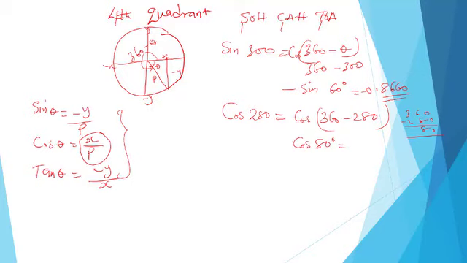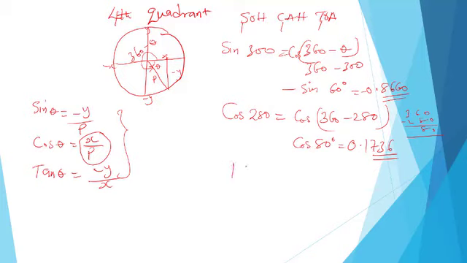So cos 280 is the same thing as cos 80 degrees, which is 0.173. At this point, there's no negative sign attached to it because it is found in the fourth quadrant. We just proved that in the fourth quadrant, cosine is always positive.